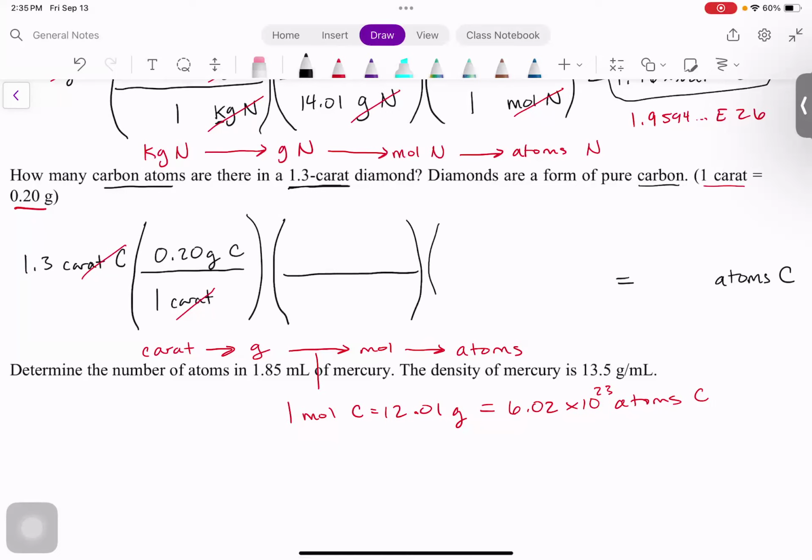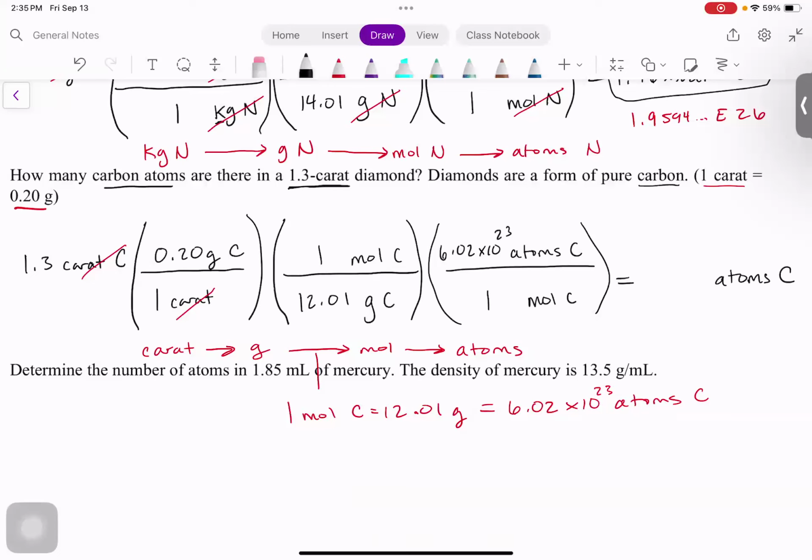My final two steps here: converting my grams of carbon to moles of carbon, and then my moles of carbon to atoms of carbon. My relationship is that there are 12.01 grams of carbon in 1 mole. That's from the periodic table. And I also know that the definition of 1 mole is 6.02 times 10 to the 23rd atoms.